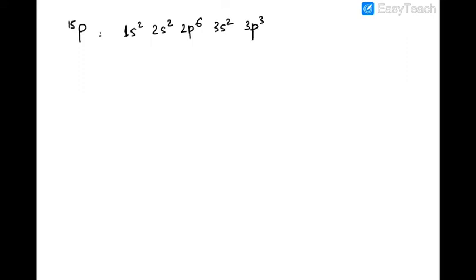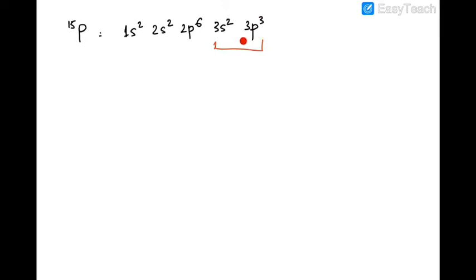According to this, we can see that the valence electrons for phosphorus are in the outermost shell. We have 2 electrons in the 3s orbital and 3 electrons in the 3p orbital.